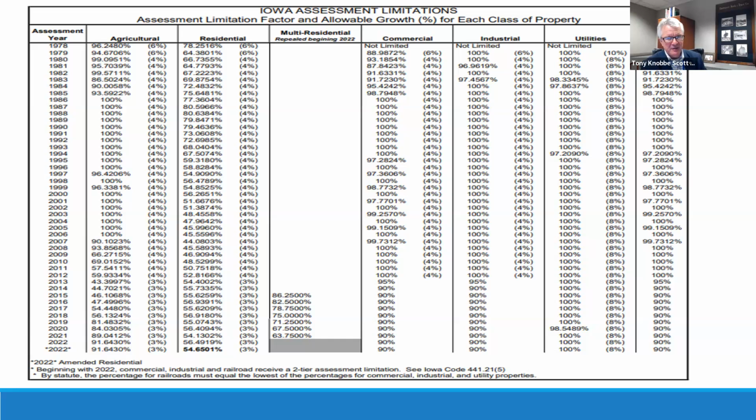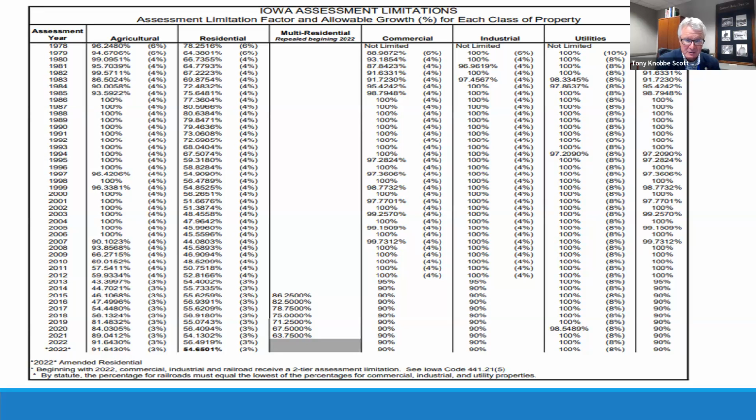So you can see, if you look down the residential column, it's ranged from up in the 80% range down to a low of 45% in 2005. And the consensus seems to be that next year it's going to be in that 47, 46% range, somewhere in there. So because of a high increase in valuations, the state will have to adjust the rollback number to result in no more than a 3% increase.